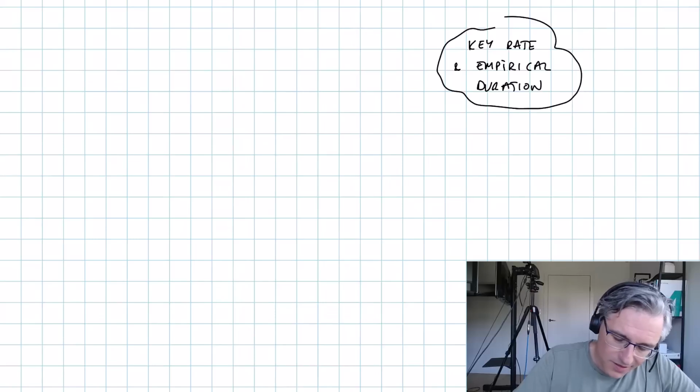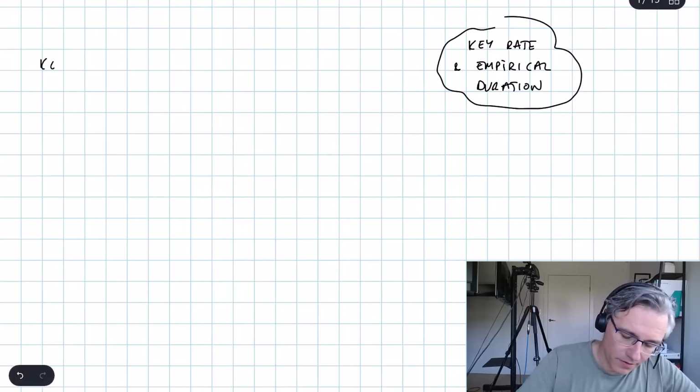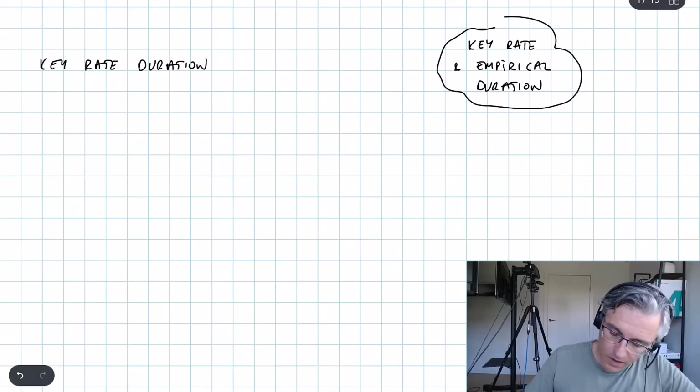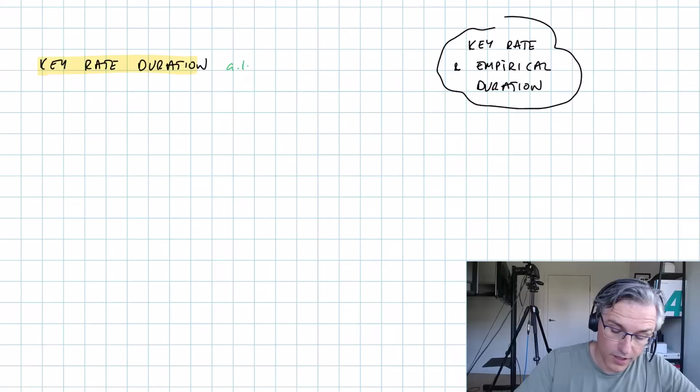So this is going to be addressed by focusing on something called key rate duration, which is also known as partial duration.